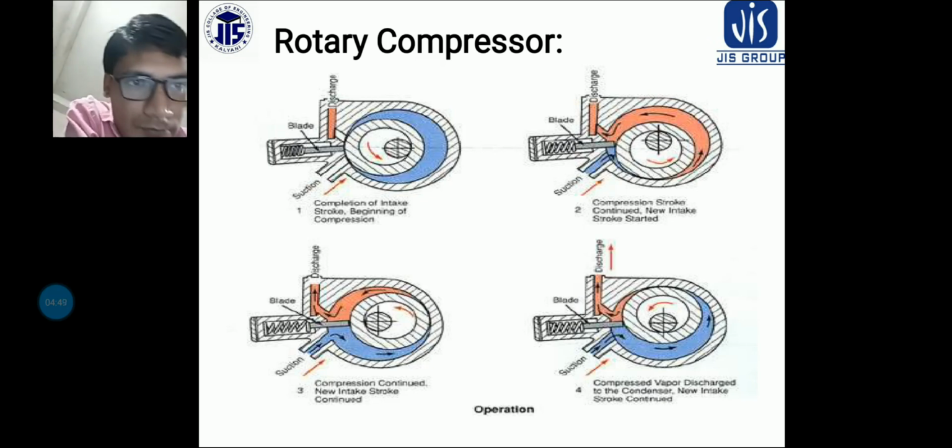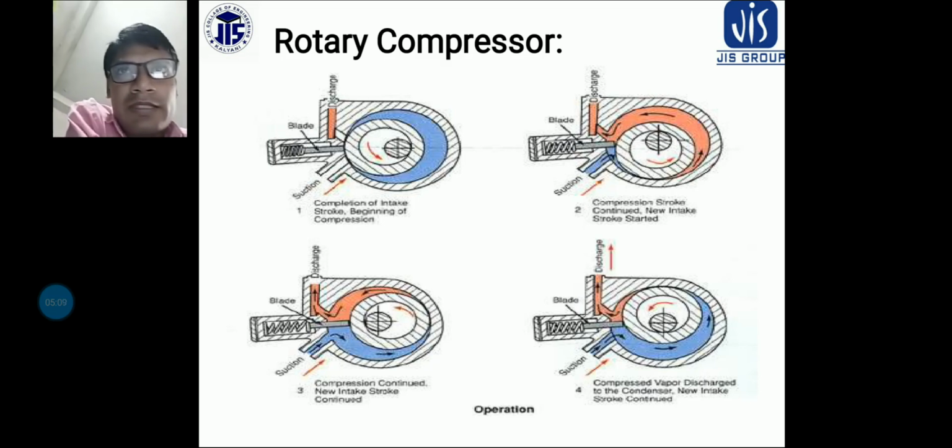With these four operations, a complete process takes place. Very important, you need to draw this diagram again in your exam, with how it is operated and the working principle.